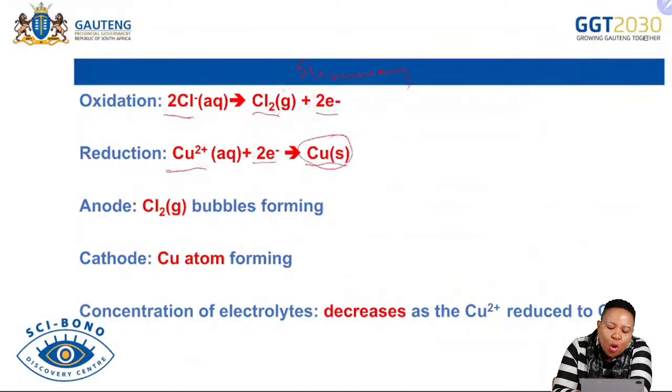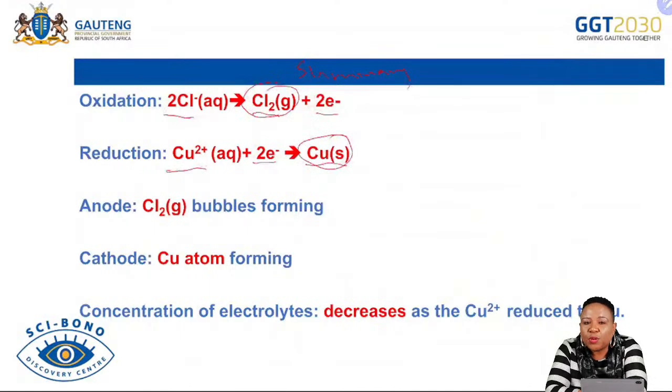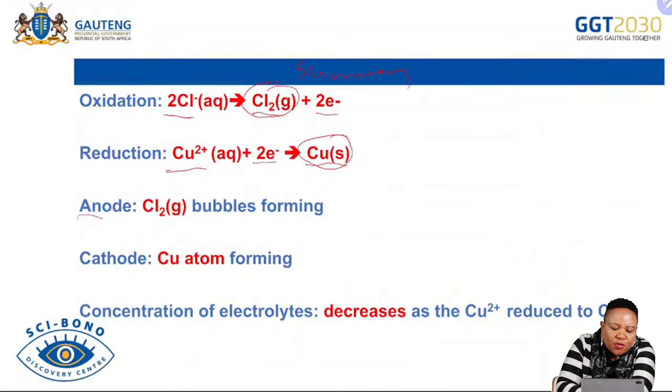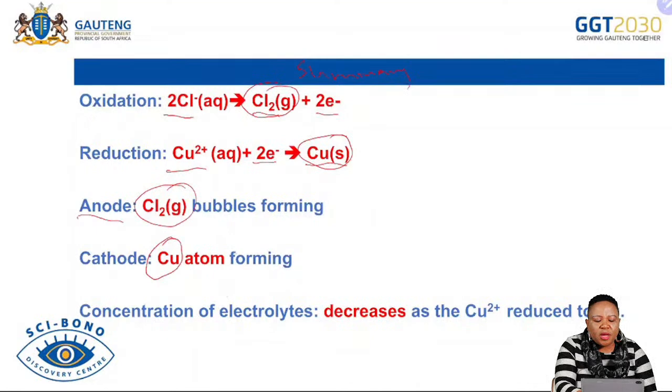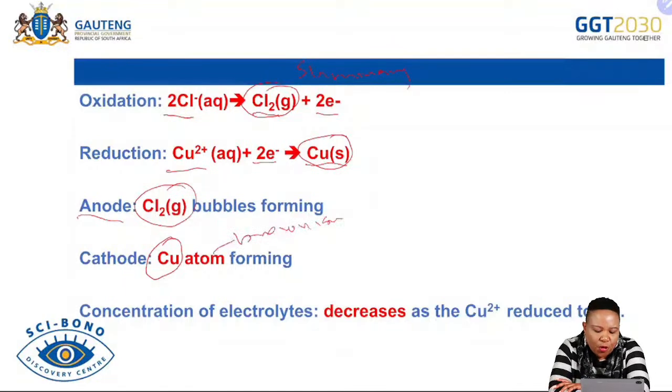So both copper and chlorine gas will be formed during this process of decomposition. Therefore, at the anode you will find some bubbles forming to show that chlorine gas is being formed, and at the cathode you will find a brownish substance forming to show that copper atoms have been formed.